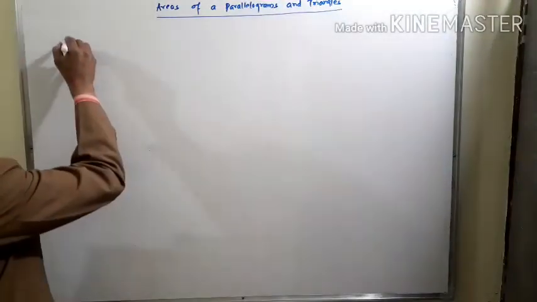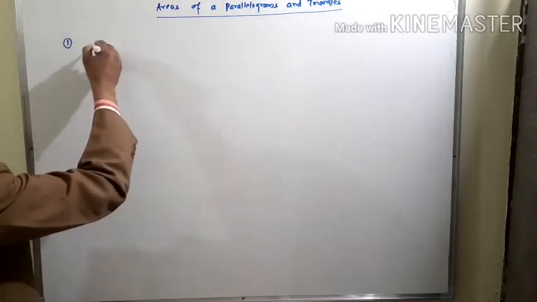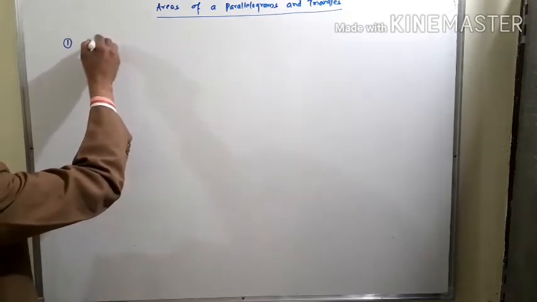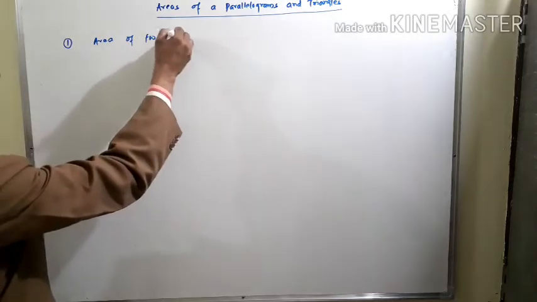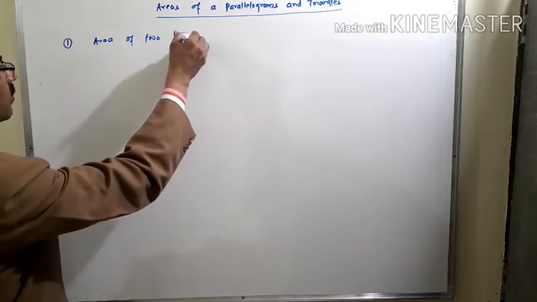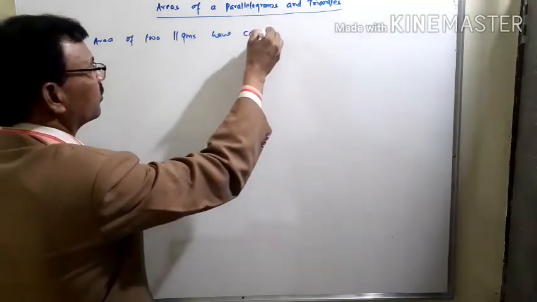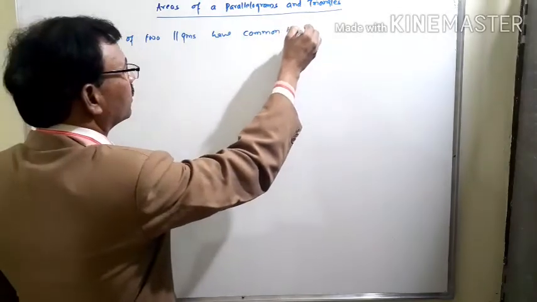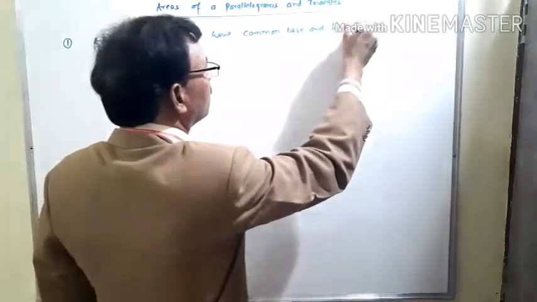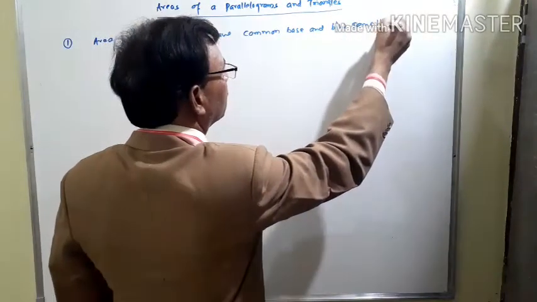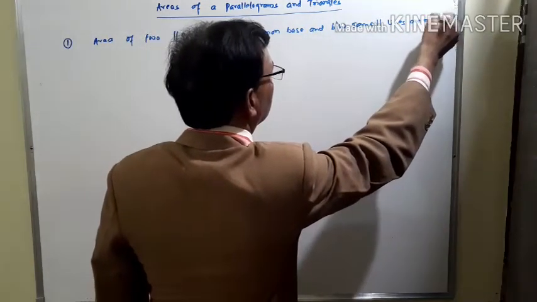First concept is: areas of two parallelograms that have a common base and lie between the same parallel lines are equal.